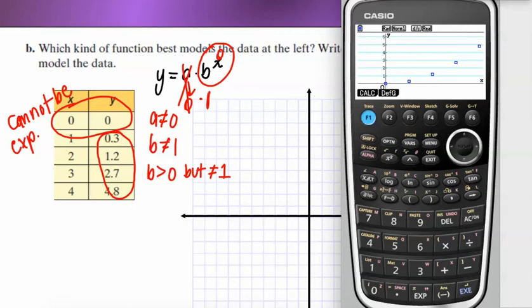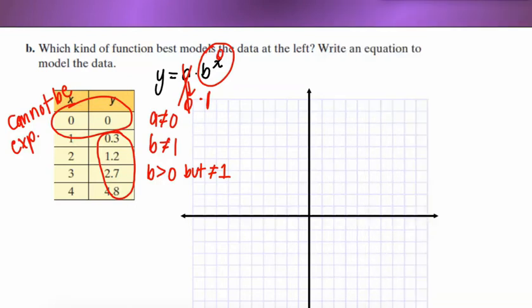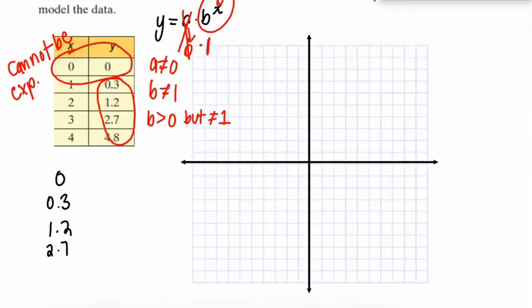So I'm going to calculate, because it's definitely not linear, I'm going to calculate x squared. And look at that. When I calculate the x squared, look at the r squared equals 1. So look at this: 0 to 0.3. I'm just writing the y values here because I'm going to mess with them a little bit. 2.7, 4.8. Now remember, the second difference needs to be constant.